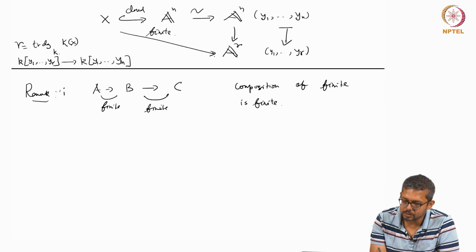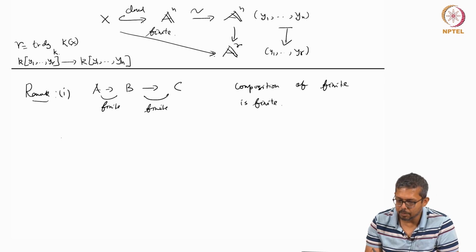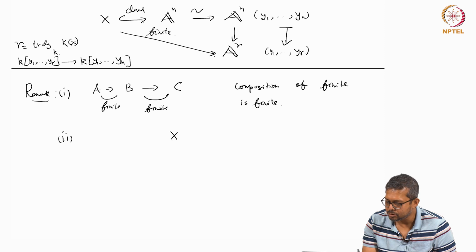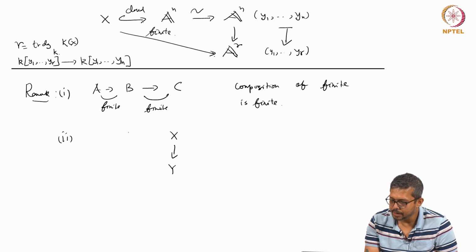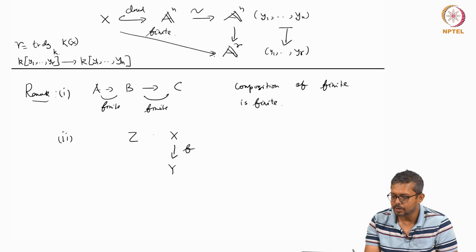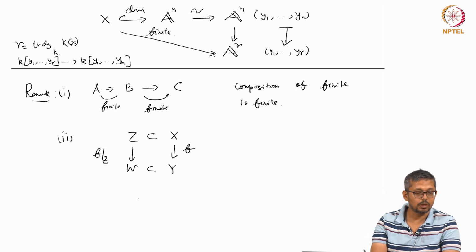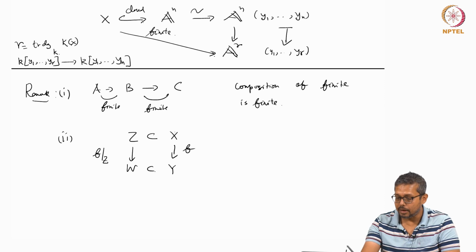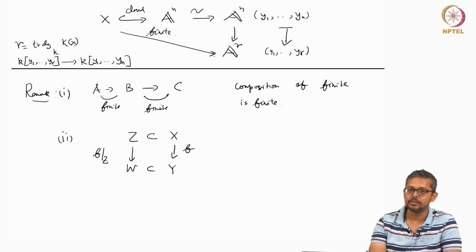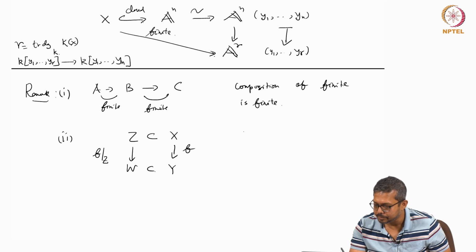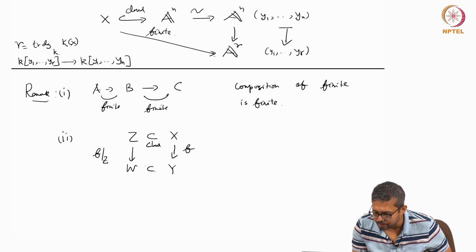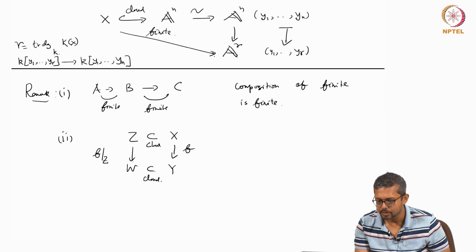So this is one property. Another property is that suppose you have a map F from X to Y, and suppose Z is a closed subset, and you have some W which is a subset of Y. Suppose F takes Z to W, right? Then if this map is finite, then F restricted to Z is also finite. Suppose these are closed subsets.